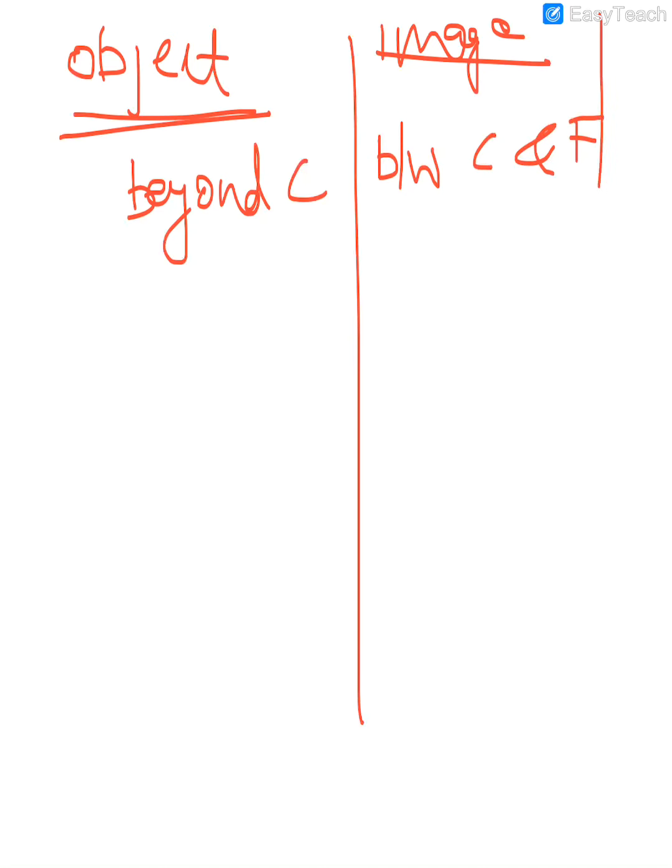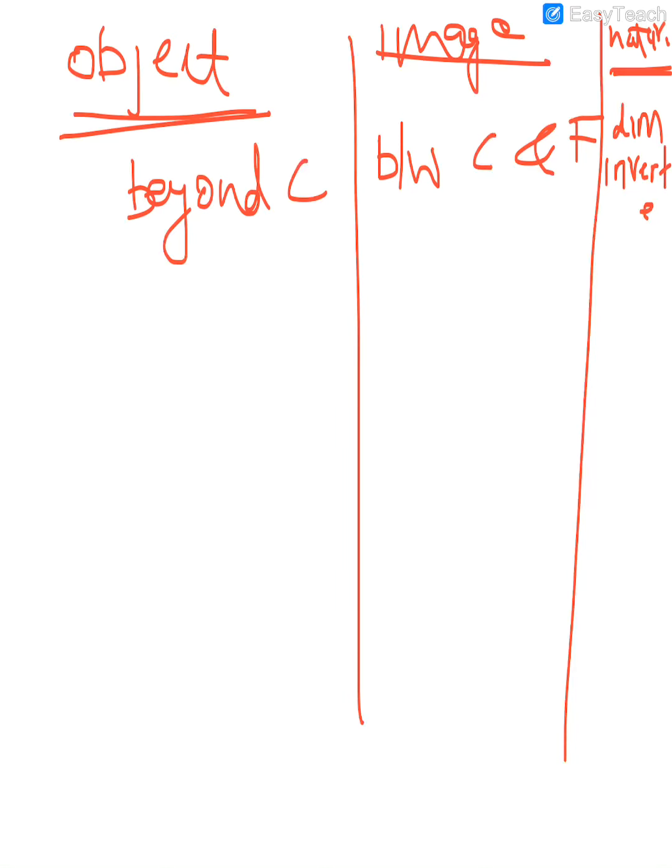Now in this one you can write the characteristics of image, or we say the nature. Nature means characteristics. What are the characteristics? It is diminished, then inverted, then real. So this is a box.